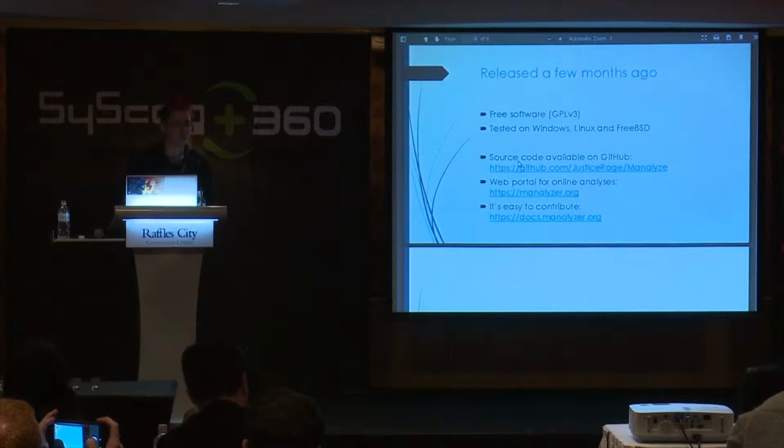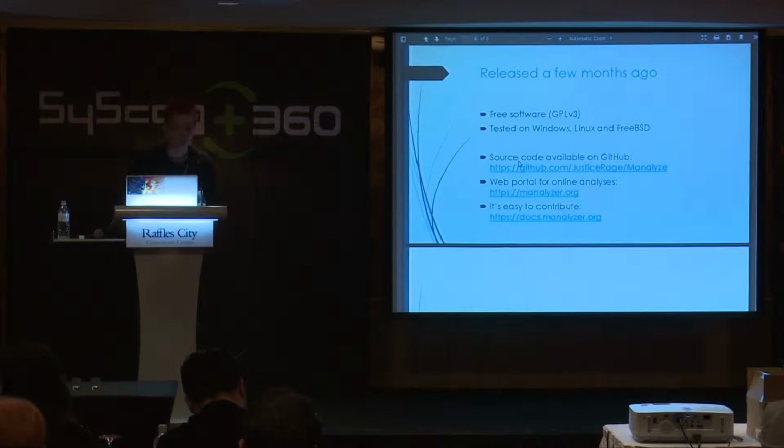The source code is available on GitHub. There's also a web portal on which you can upload samples, so if you don't want to compile the tool yourself, you can submit samples online. And finally, it's easy to contribute because I've written extensive documentation, so feel free to write your own plugins and let me know about them.